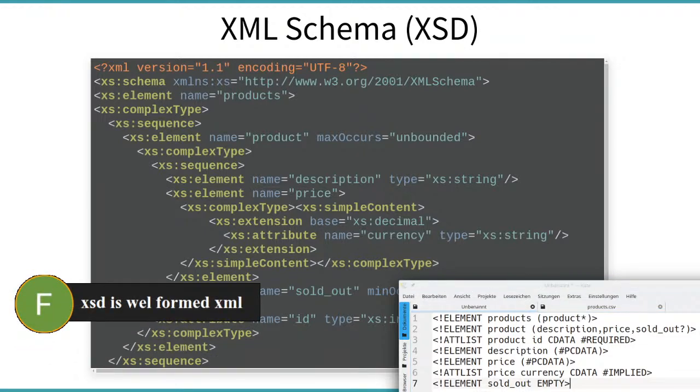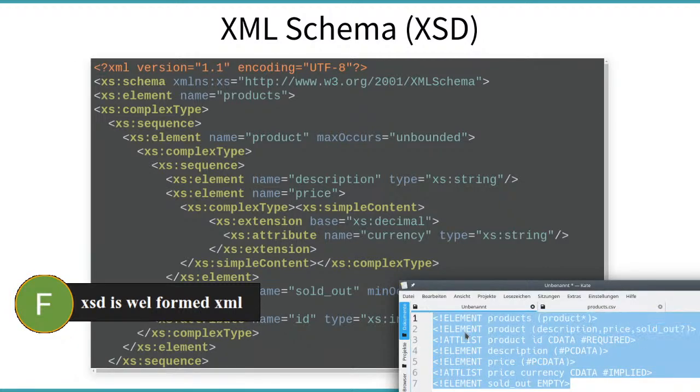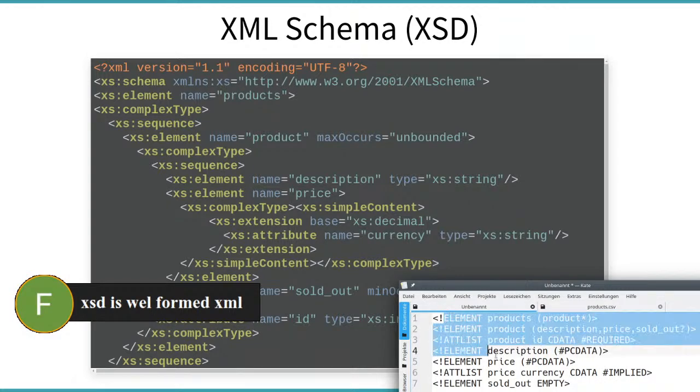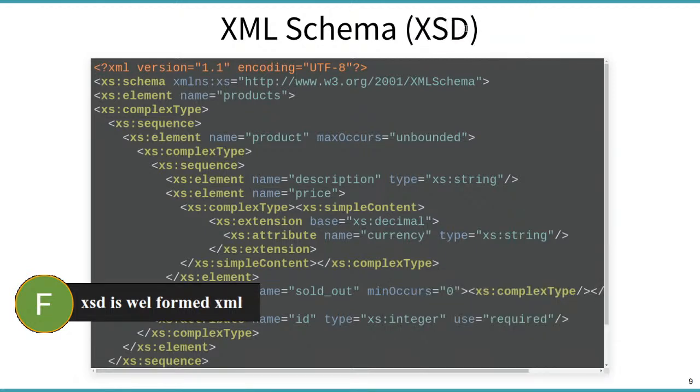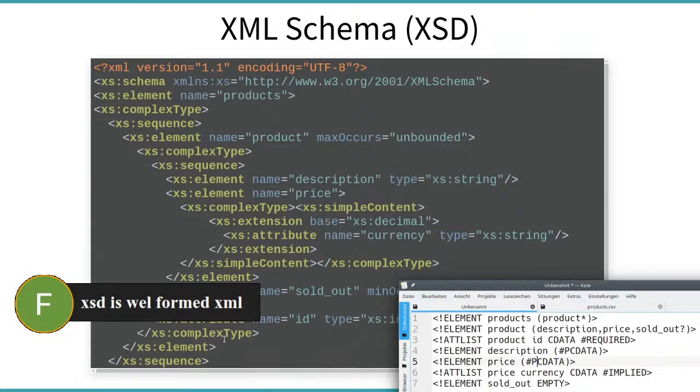Very good point. XSD is well-formed XML. DTD is not XML. So DTD was first, and then the people said, when we create a new schema language, this XML schema definition has to be again in XML.